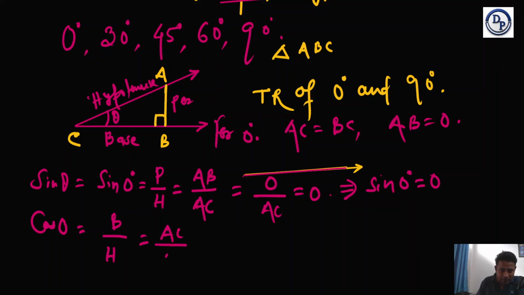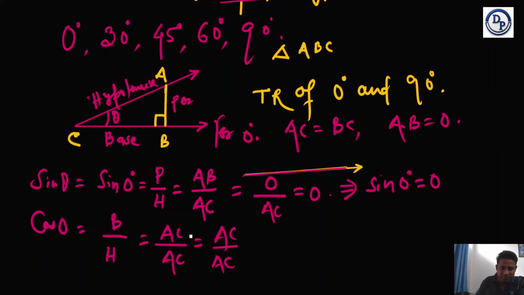B by H. But for 0 degrees, we can say this point A coincides with point C. So therefore, this AC equals BC.